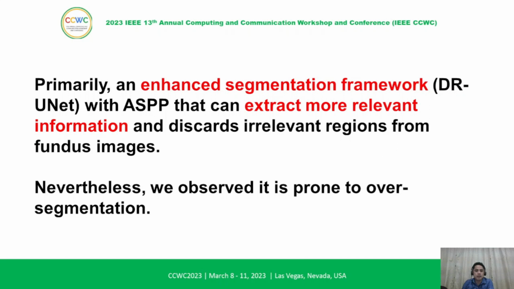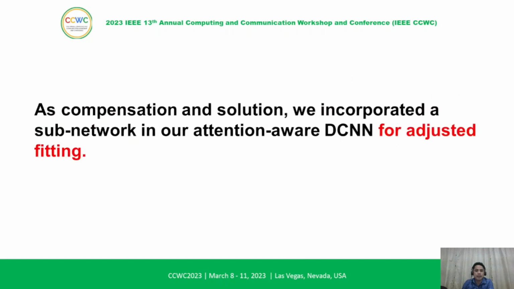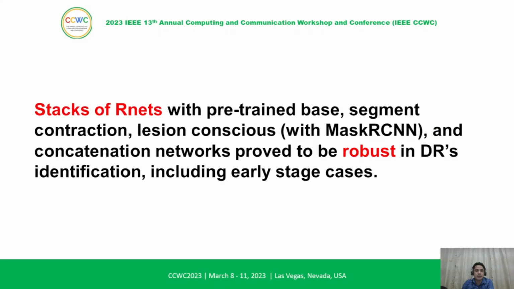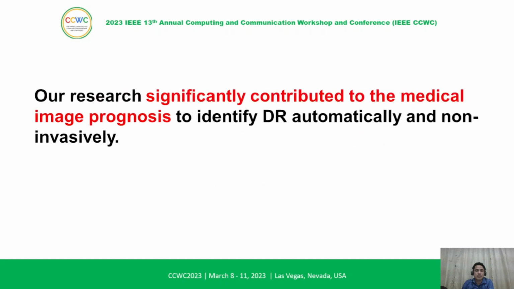Nevertheless, we observed it is prone to oversegmentation. That is why we designed a DCNN to adjust the segmentation fittings. Stacks of residual nets with pre-trained base and different features proved to be robust in DR identification, including early stages.